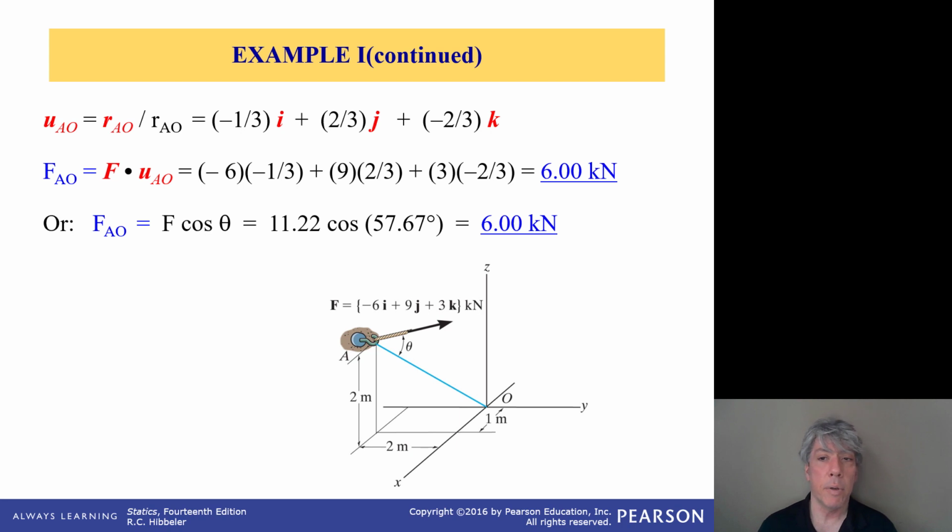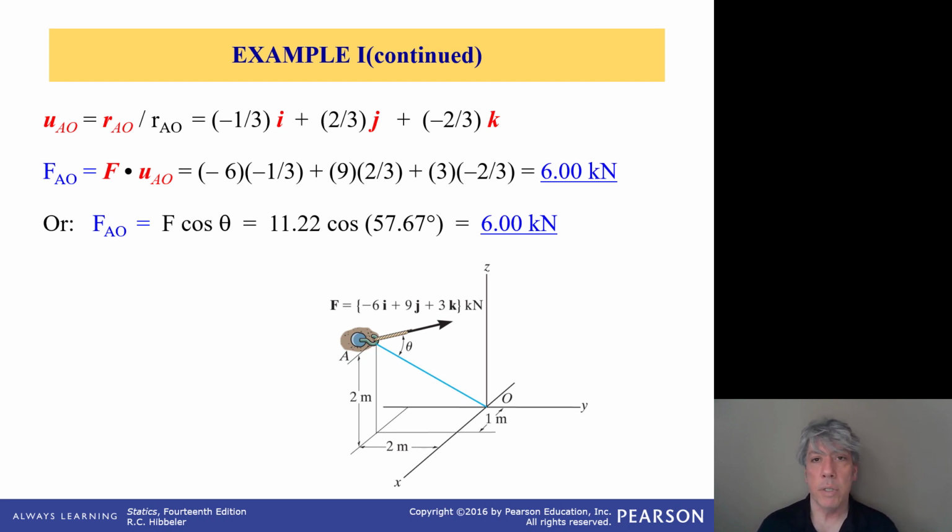And so we end up with the same units, kilonewtons. I almost made the mistake of thinking that we were still dealing with a position vector dotted with a force vector. But it's not. It's a force vector dotted with a unitless unit vector. And so that's kilonewtons as our result. If you do the math, you come out to 6 kilonewtons. Now, try it yourself, but if you take the magnitude of force F and multiply it by the cosine of the angle that we found before, theta, 57.67 degrees, you get the same answer of 6 kilonewtons.